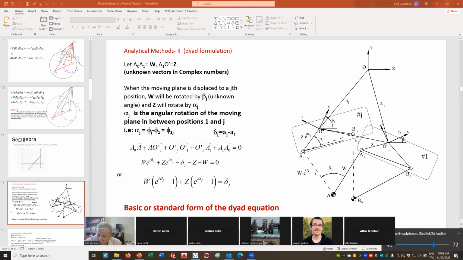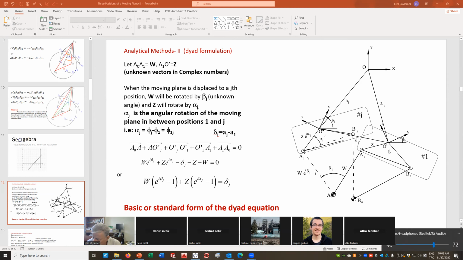Okay? The whole rigid body rotates by the same amount. So alpha j is the angular position of the moving body at position j minus the angular position of the rigid body in the first position. Alpha j is phi j minus phi 1.